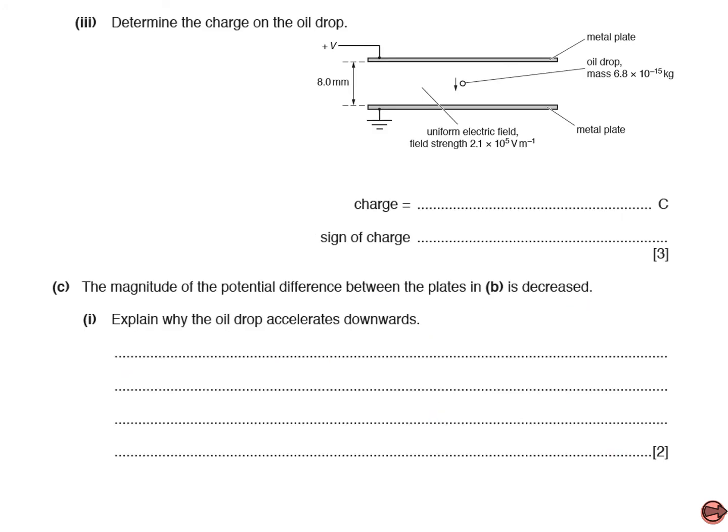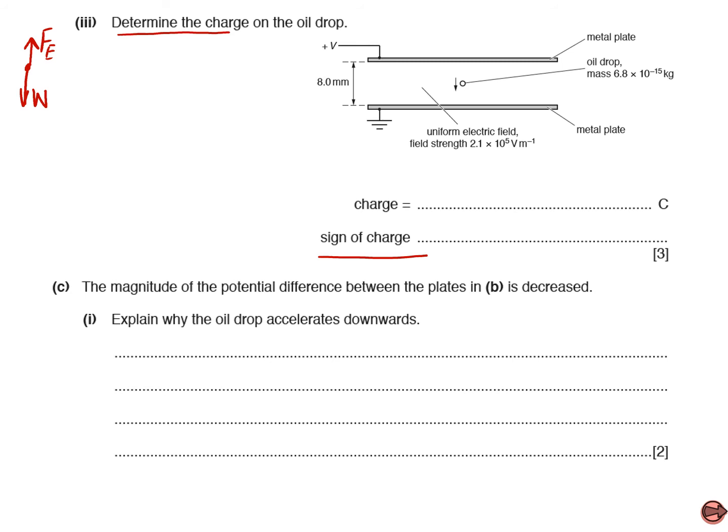In this question, we need to find the amount of charge, and also the sign of the charge. As it is given to us, there are two forces acting on the charge. One force is the weight, and weight always acts down. The force due to gravity has to be acting down, and the electric force has to be acting upwards in this case.